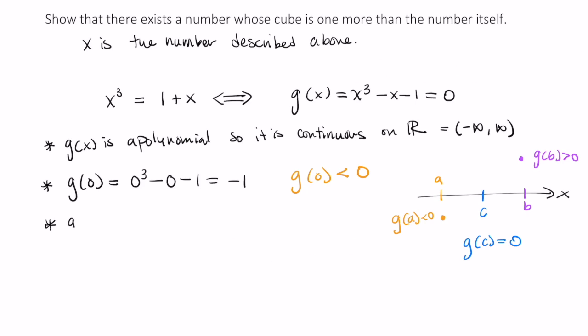So let's try 2. G evaluated at 2 is equal to 2 cubed minus 2 minus 1, which is equal to 8 minus 3, which is 5. So g of 2 is greater than 0.